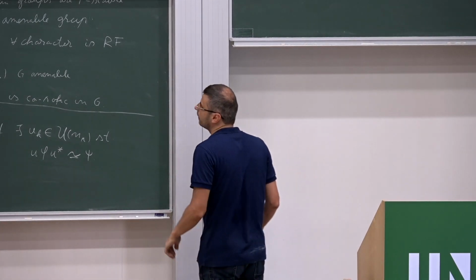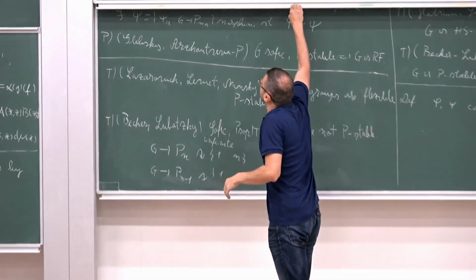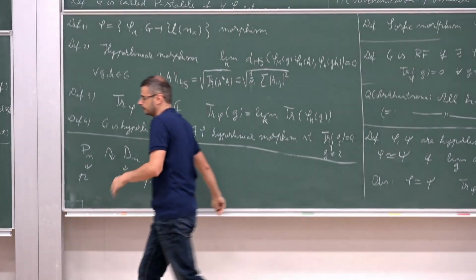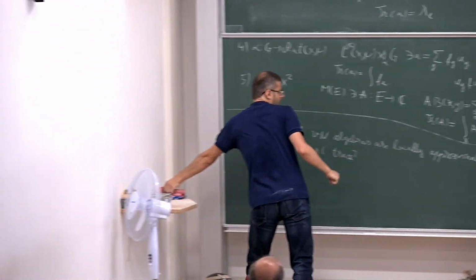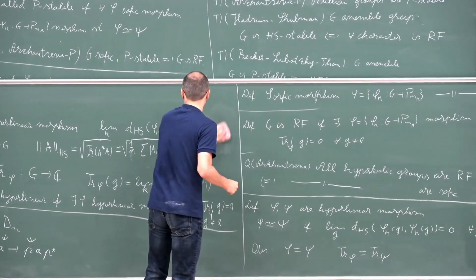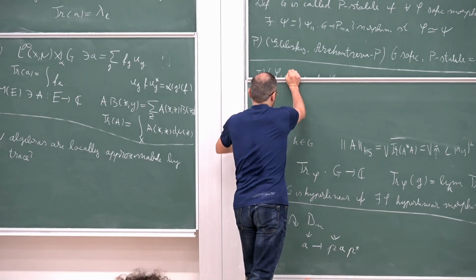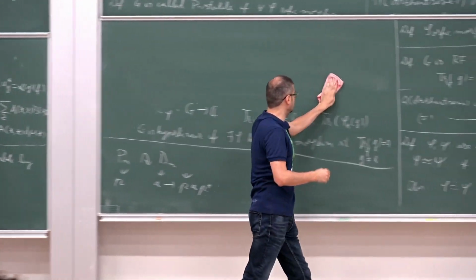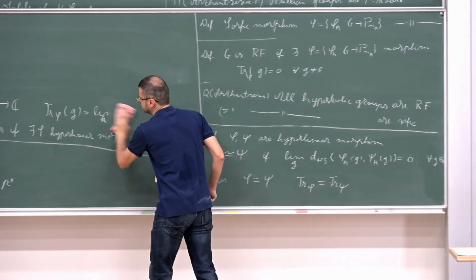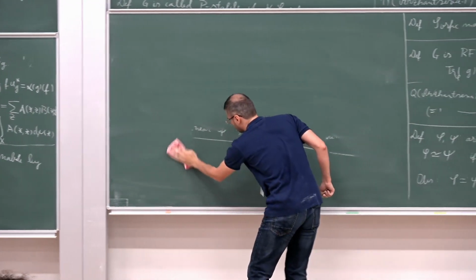So this part. What else can we do with these theorems? The discussion is about amalgamated products. I know that for this audience it will be very interesting, amalgamated products over free groups.